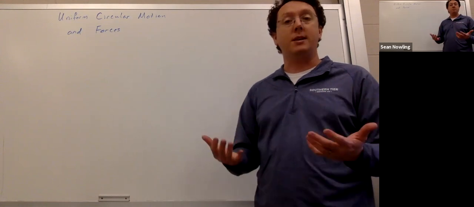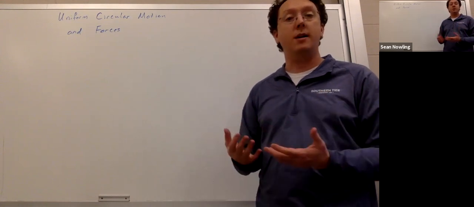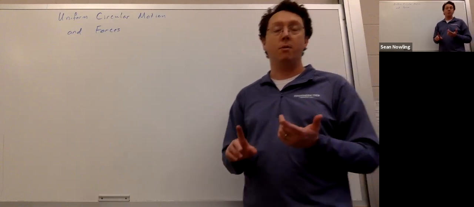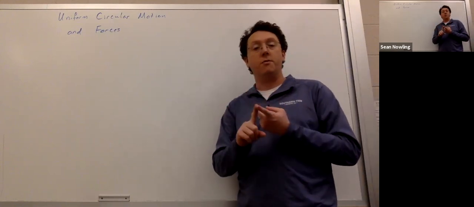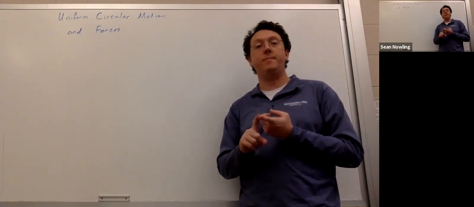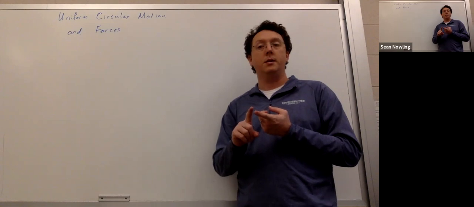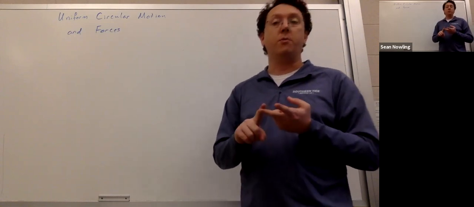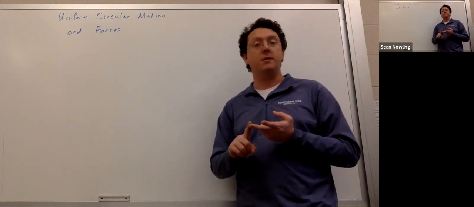The basic method, though, the basic strategy in all cases is always the same. Step one, draw the free body diagram that's relevant. And when doing that, you need to put all the forces that act on that same object.